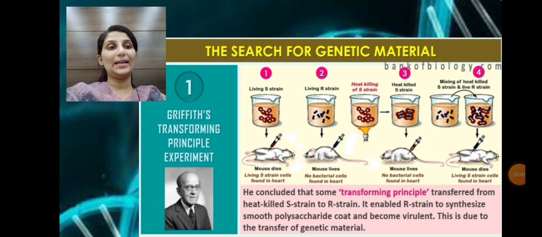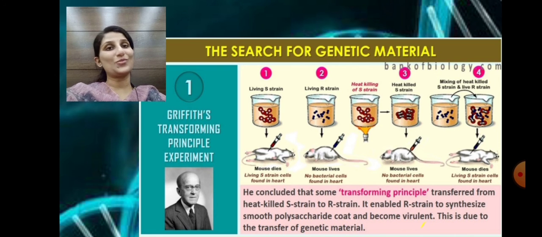Griffith concluded that something was transferred from the heat-killed S strain to the R strain, and this something is called the transforming principle. This transforming principle enabled the R strain, which is non-virulent and does not have the mucus polysaccharide coat, to synthesize the smooth polysaccharide coat and thus become virulent.